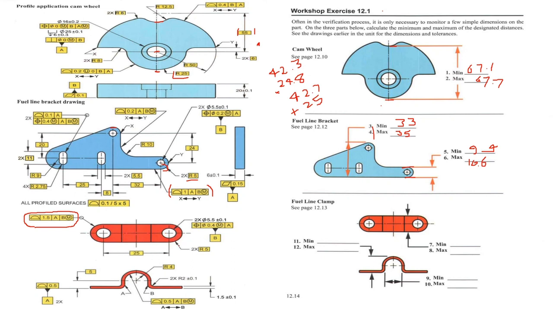So 5 minus 0.75, plus again 5 minus 0.75. So it will give us a value of 8.5 for the minimum value.